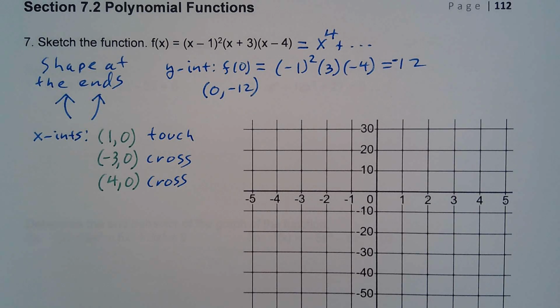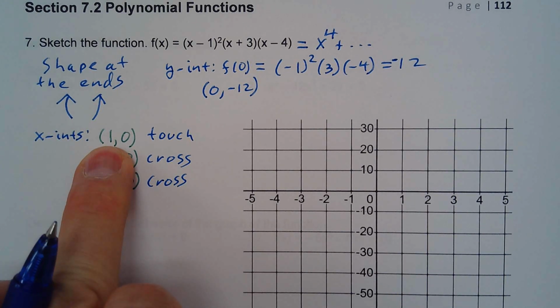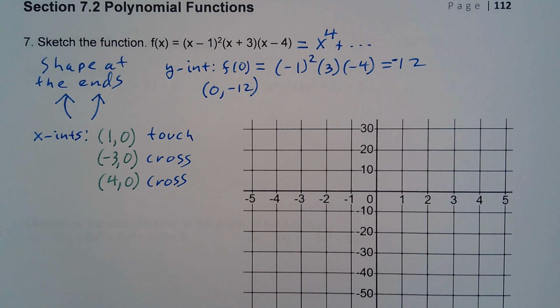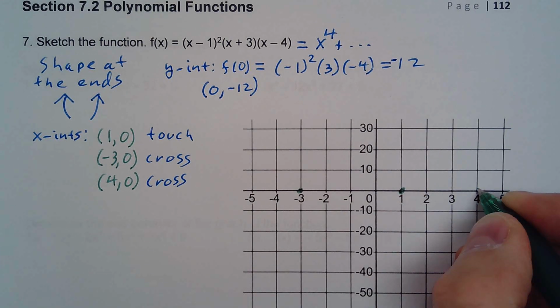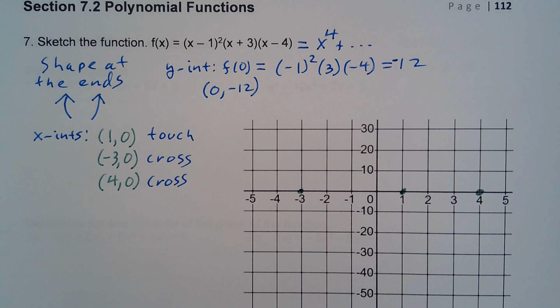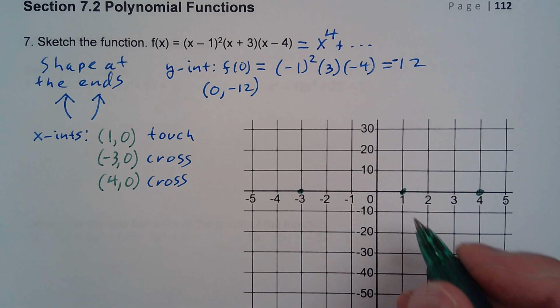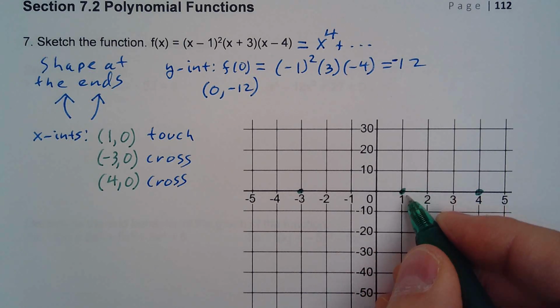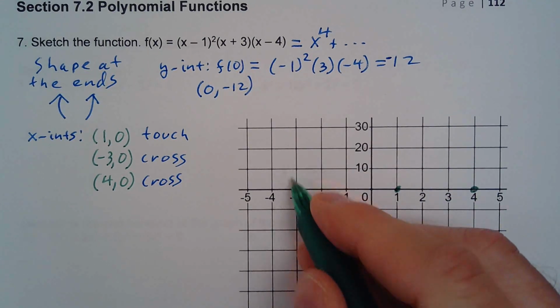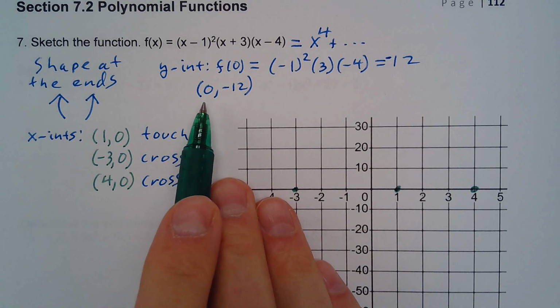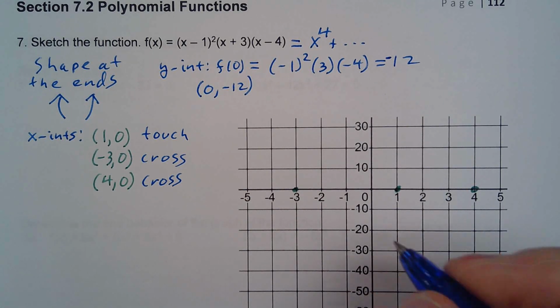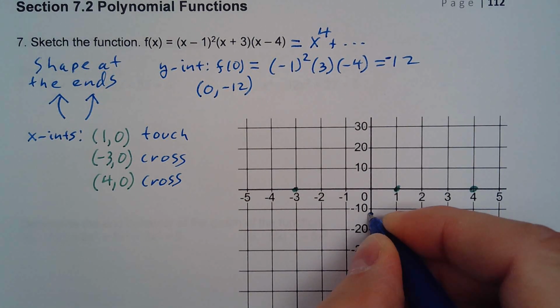And let's go ahead and stop for a moment. Let's plot what we have. So I have x-intercepts at 1, negative 3, and positive 4. I know it's going to touch here, so it might go like that or go like that. It's going to cross here and cross here. I have a y-intercept at 0, negative 12, so maybe about here.